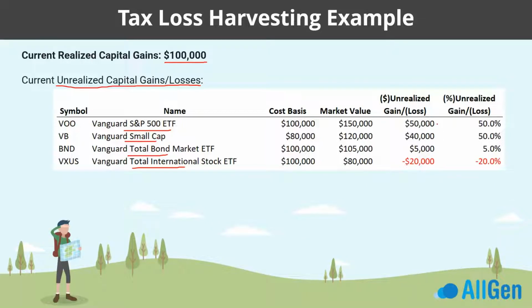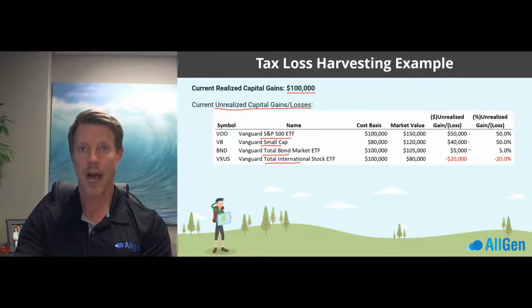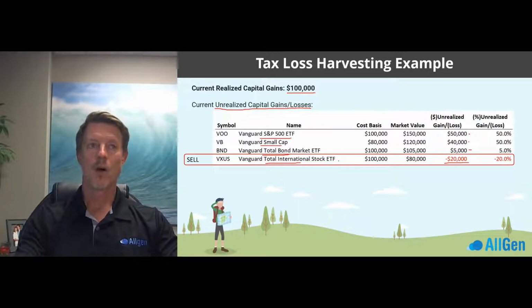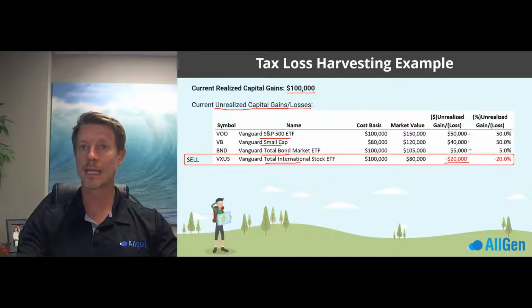You can see the top 3 positions here all have gains. However, this international stock ETF has a loss of $20,000. What if we sold that position in order to realize this $20,000 loss?